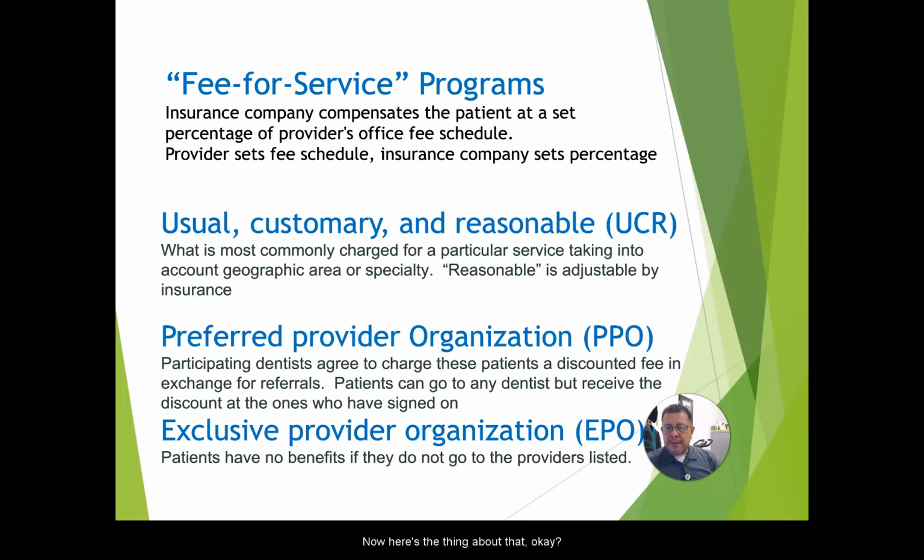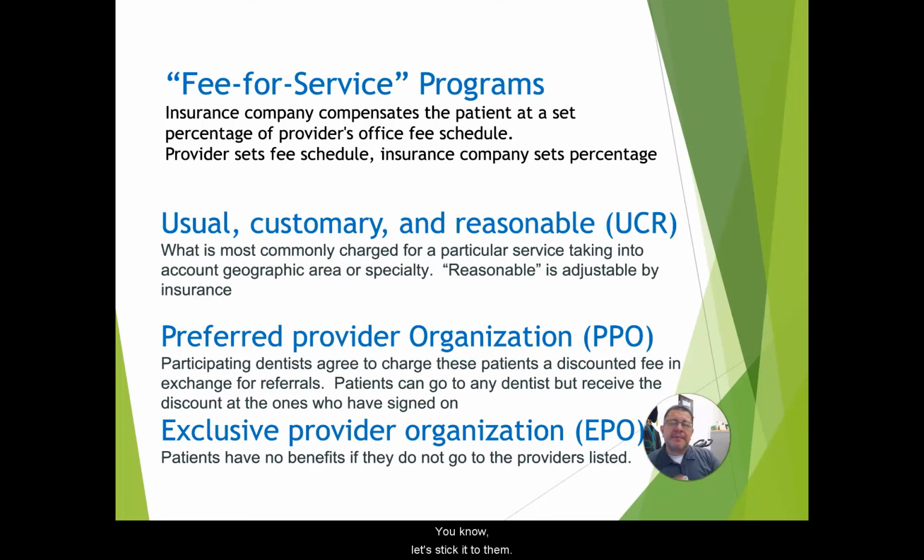Now, here's the thing about that. You can live in a small community, as let's say a dentist, and you know all the dentists, and you get together and you're like, okay, guys and ladies, let's get together, fellow DDSs, and let's say that we charge $500 for a pro fee.